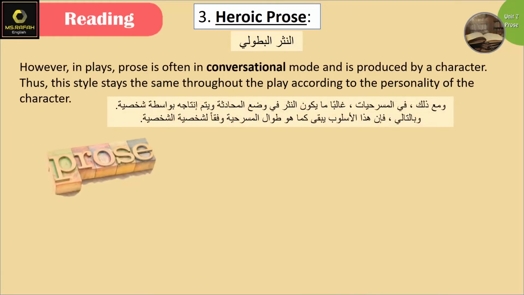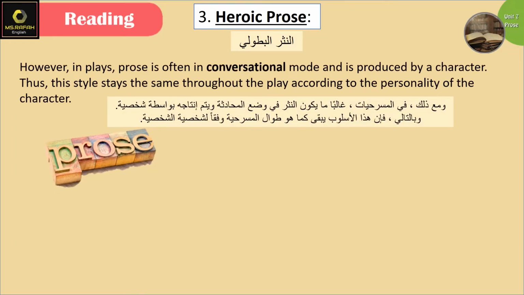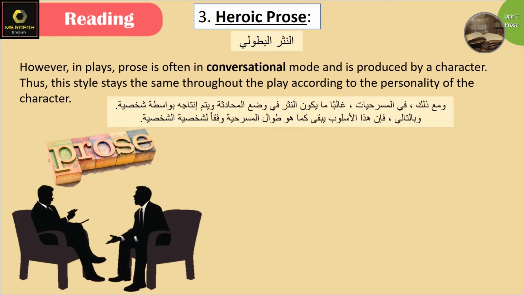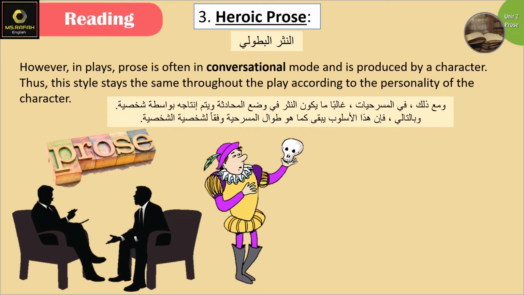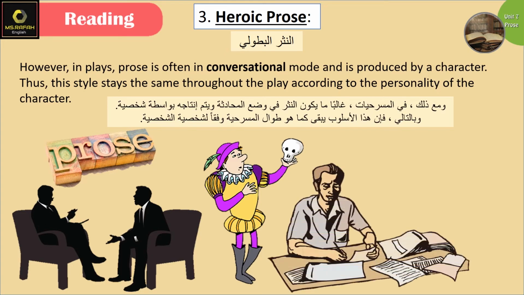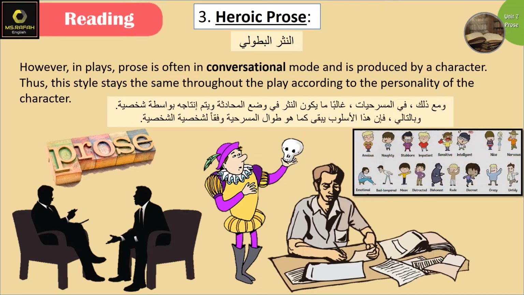However, in plays, prose is often in conversational mood and is produced by a character. Thus, this style stays the same throughout the play, according to the personality of the character.